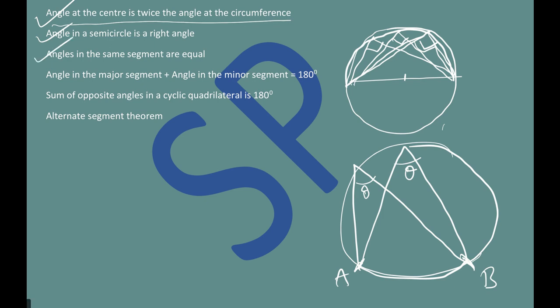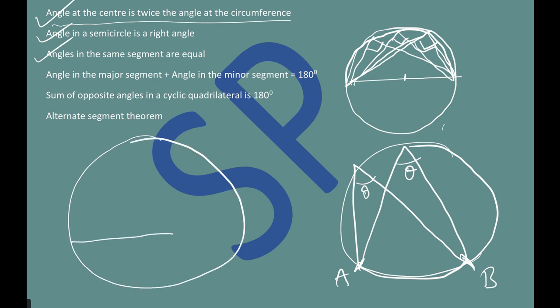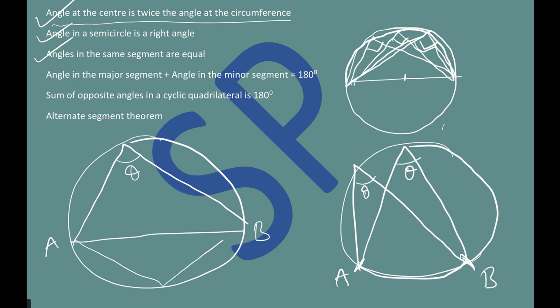Next, angle in the major segment. You see, suppose I have a circle here. Now I have a chord AB. Say it is subtending an angle theta here, and it subtends an angle alpha here. Then alpha plus theta is 180. That means alpha is nothing but 180 minus theta.